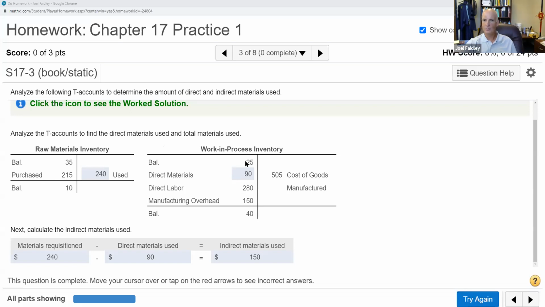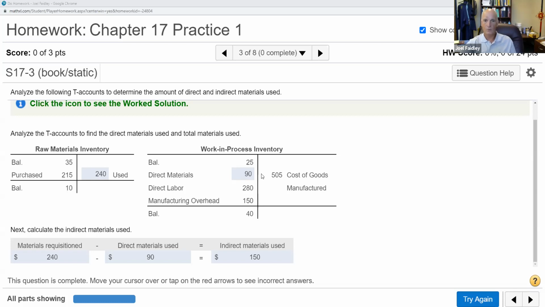So if you began with 25, right? 505 came out, leaving 40. What does this have to be? $25 minus 505 is equal to 480 and 40.